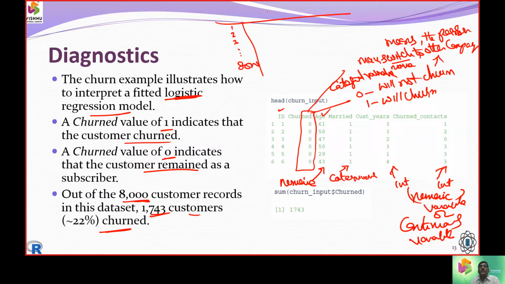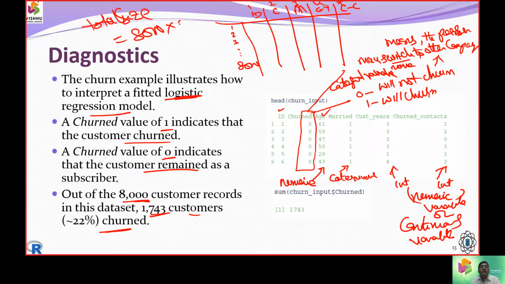The first one is ID, second is churn, third is married, fourth is customer years, fifth is customer contacts. So we have 1, 2, 3, 4, 5. The total size is some 8,000 into 5, so 8,000 rows and 5 columns. So we have a size of 40,000 entries.